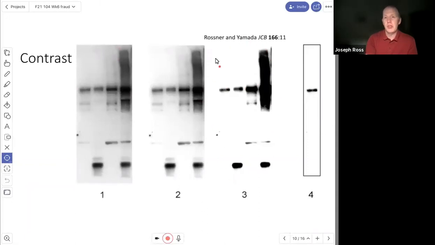So the original would look something like panel 3, and then just crop away the parts of the image that aren't related to what the authors are trying to show. So there's a huge gray area here about what's okay and what's not okay, and how to perform experiments and how to collect the data to ensure that you're not committing fraud, which this essentially would be based on the policies we've seen so far. Changing the contrast to omit background bands is fraudulent.